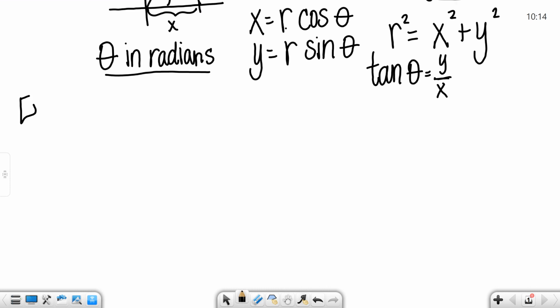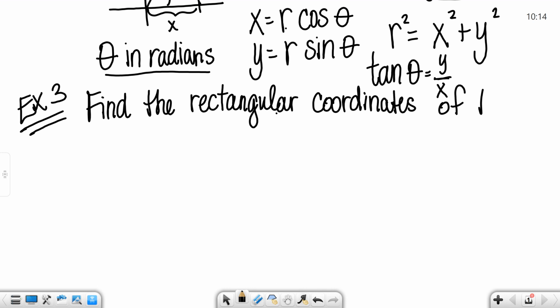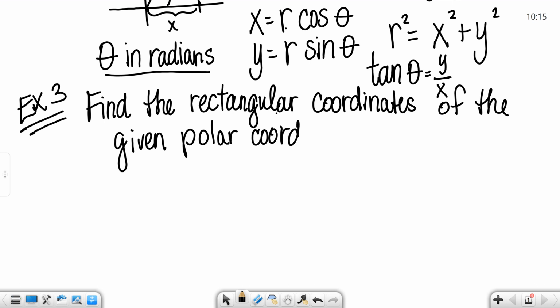And let's do another example where we find the rectangular coordinates of the given polar coordinates. So you're going to be given r, theta.